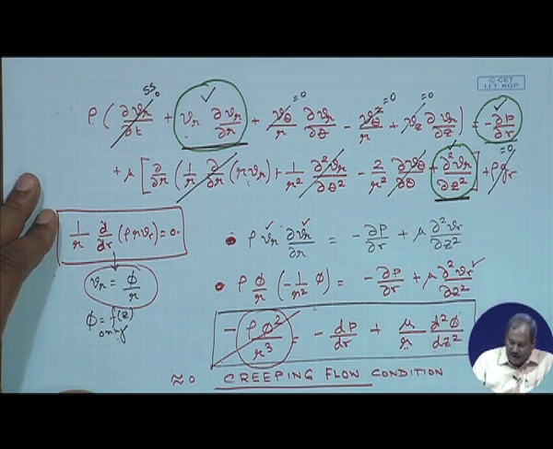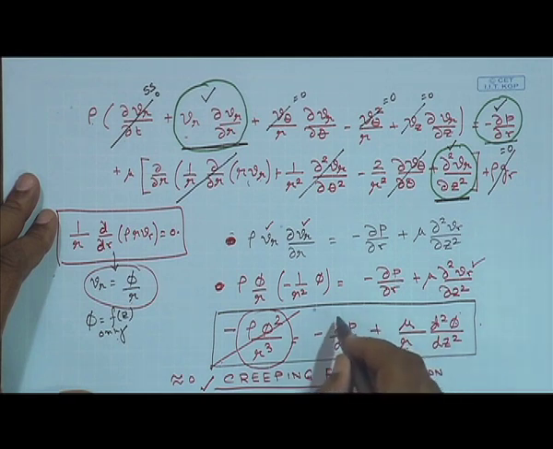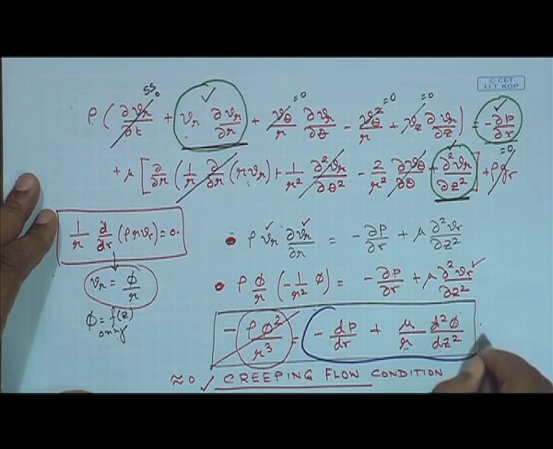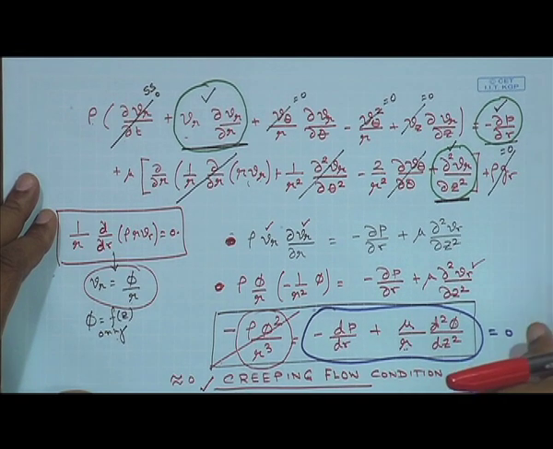So, the analysis that we are going to do from this point onwards is only valid for creeping flow or close to creeping flow solution where the nonlinear term can be dropped. So, my governing equation then becomes only this is equal to 0, since the left hand side I have made equal to 0 by assuming a close to creeping flow situation.